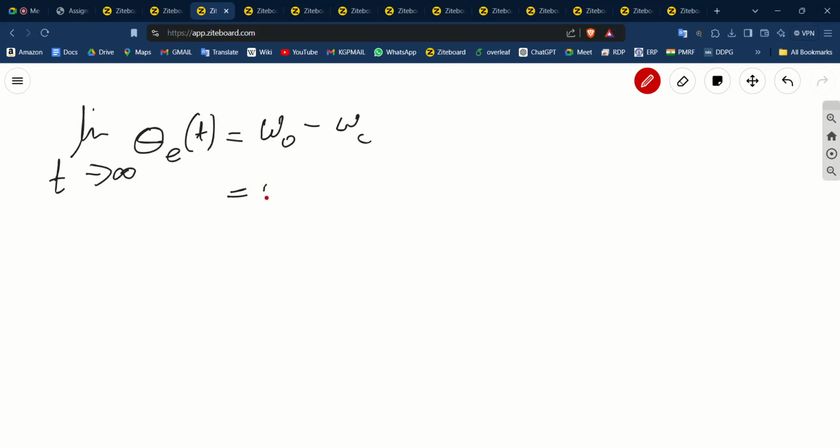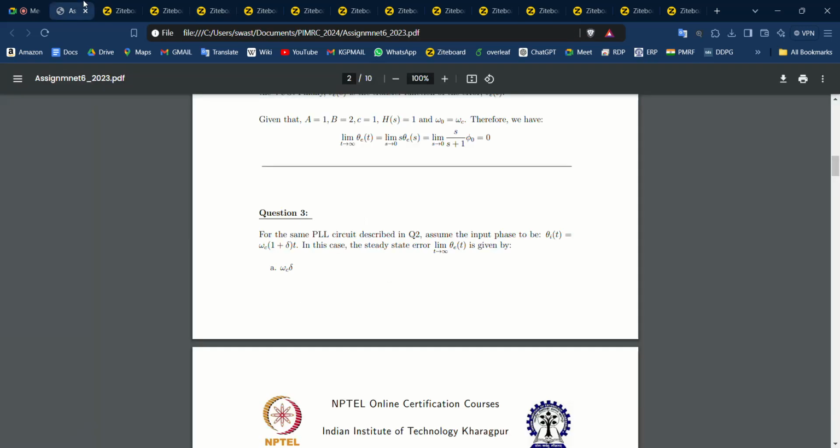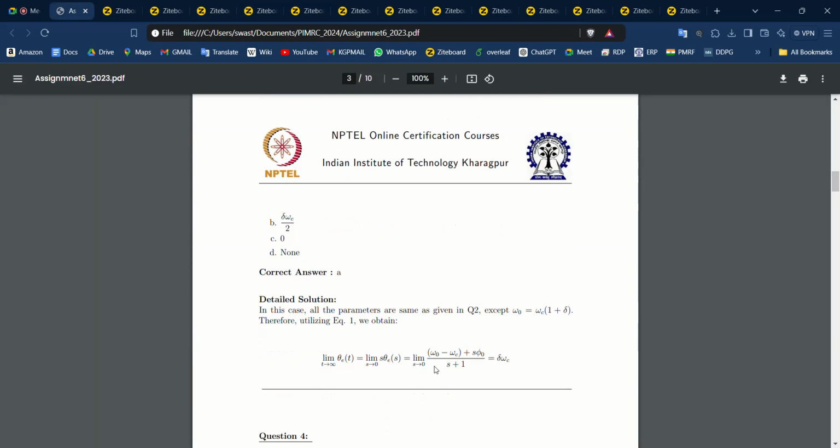So they are saying omega naught is omega c into 1 plus delta. Question 3. So we get delta omega c. So the answer will be delta omega c. Correct answer is delta omega c.